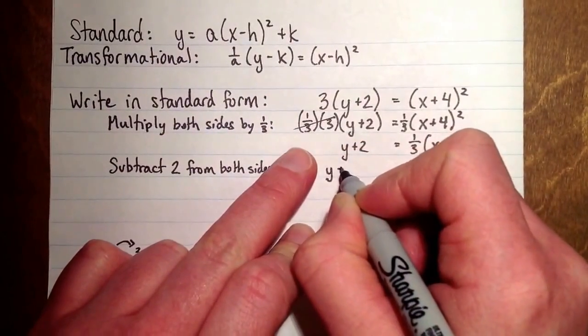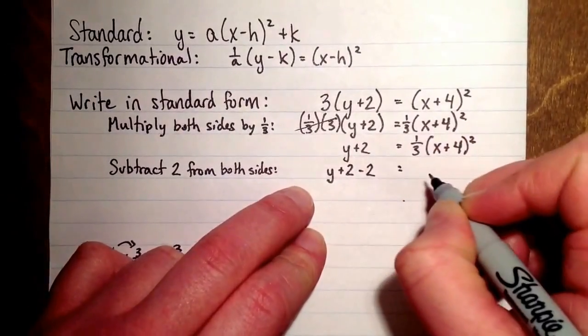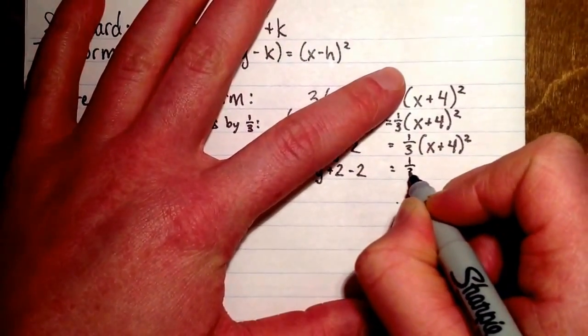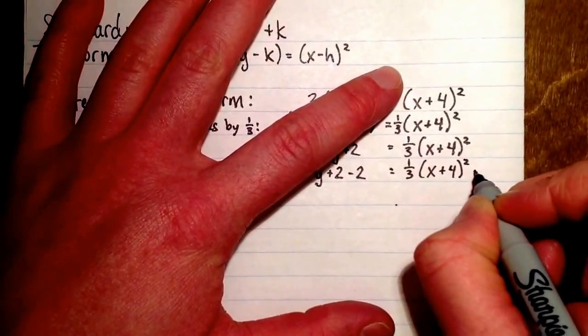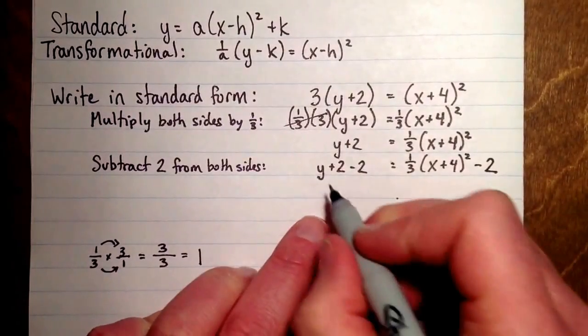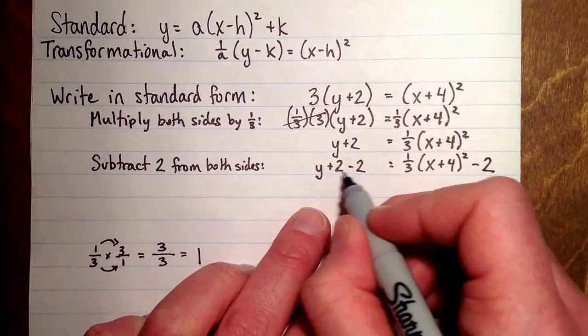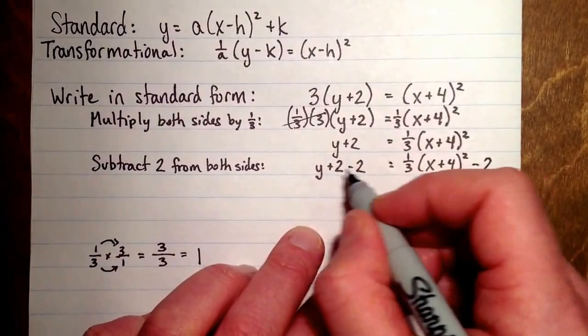So that's y plus 2 minus 2 equals 1/3 x plus 4 quantity squared minus 2, because we have to subtract that from both sides. The reason this is good is because y plus 2 minus 2, the plus 2 and minus 2 undo each other. Like if you had 5 plus 2 minus 2, you just have 5.